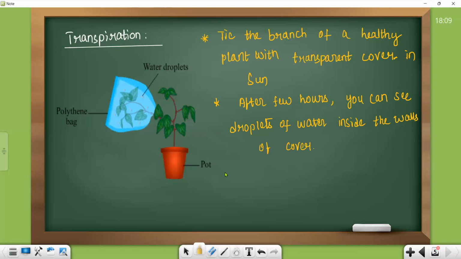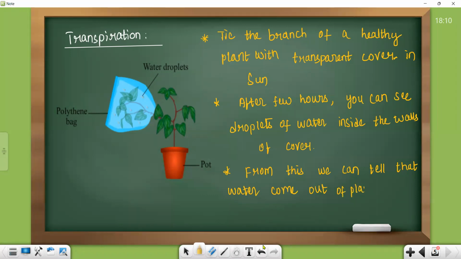So from this, we can tell that water comes out of the plant, out of the leaves actually.